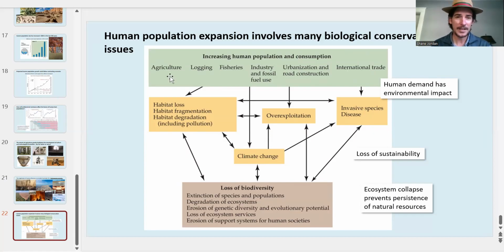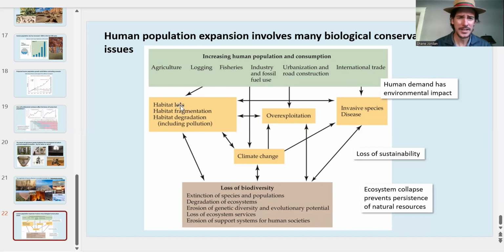And so, for example, as there's more agriculture and logging and fishing, there's going to be increased habitat loss for natural species, increased habitat fragmentation for natural species. And we know that habitat fragmentation tends to impede gene flow. And when gene flow goes down, this tends to increase genetic drift. This tends to lead to overall loss of genetic diversity in species.